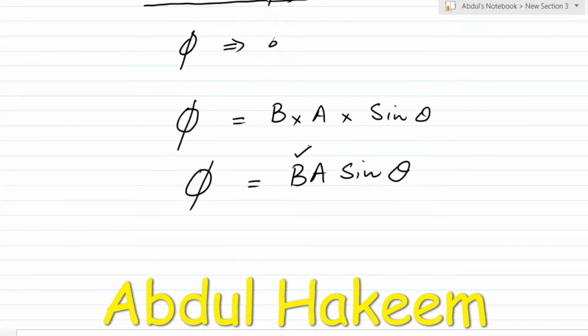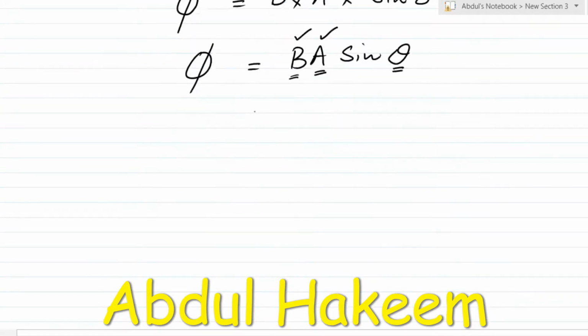This B is measured in Tesla. This is magnetic field strength, like electric field strength, gravitational field strength. It's a vector. A is the area, and theta is the angle between magnetic field line and the plane of the area. If the angle is kept always 90 degree, so the phi value maximum will be BA.